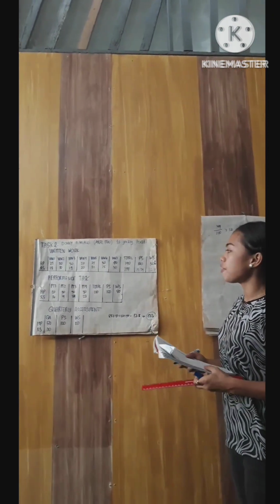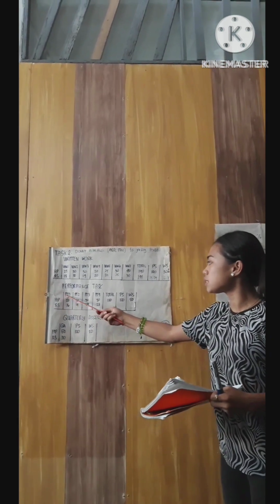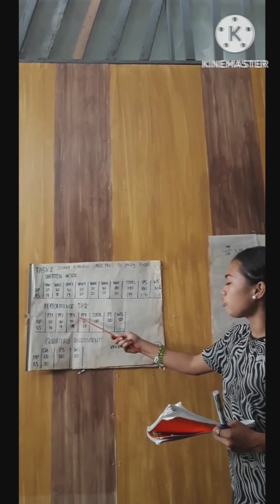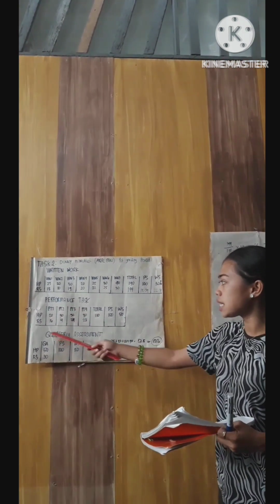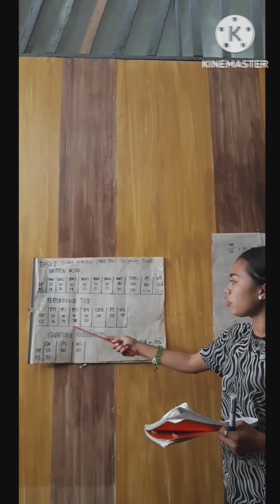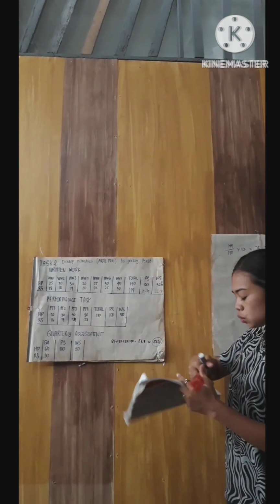So next is the performance task. For the performance task, we have here performance task 1 to performance task 4. The raw scores of performance task 1 to performance task 4 are 16, 24, 24, and 28. So the total score is 92.